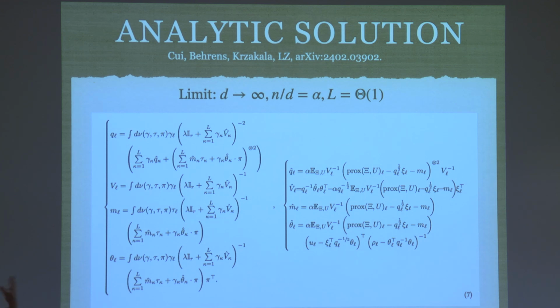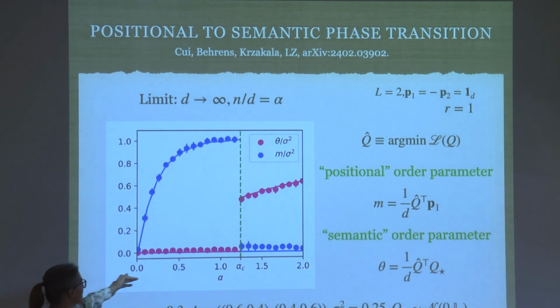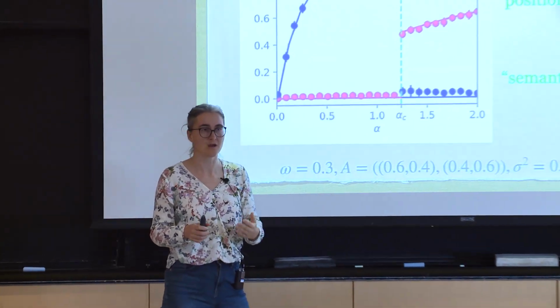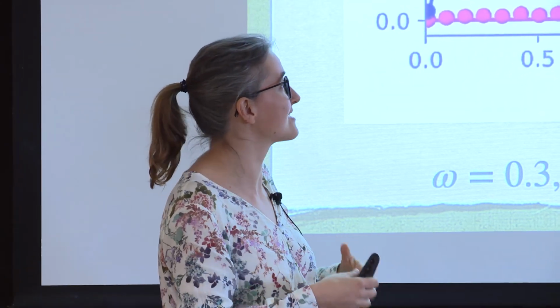That's the limit in which we know how to write equations that are not high dimensional anymore, that just have a number of parameters that is some small constant times L. They look like this. And from them we can extract our favorite phase diagrams. So what is plotted here? First of all, the x-axis is alpha, the number of samples over dimension. So the more samples, the more we know, the easier the task should be.